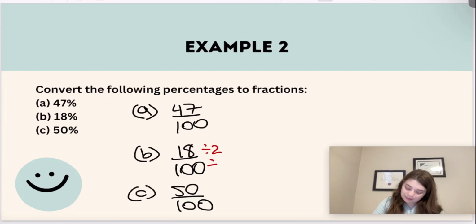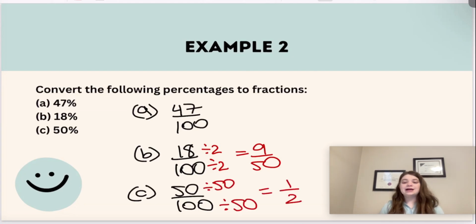If I divide both by 2, I get 9 over 50. Now 9 over 50 can't be reduced further because 9's only factors are 1, 3, and 9, and none of those other than 1 are factors of 50. Then for 50 over 100, we can divide both by 50 to get that 50 over 100 is the same as 1/2. So that's the only extra step for that one: make sure that you do reduce.